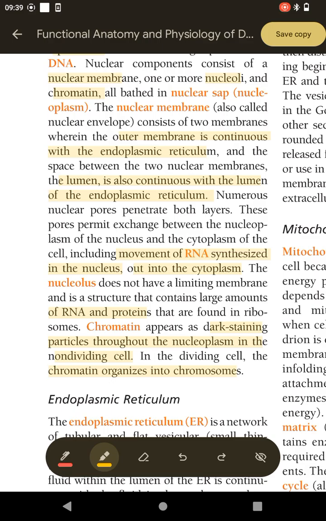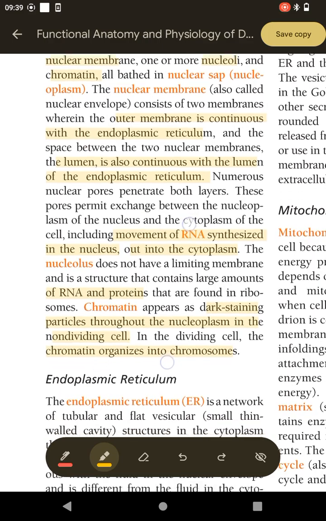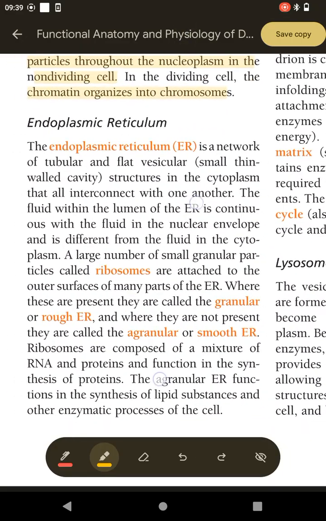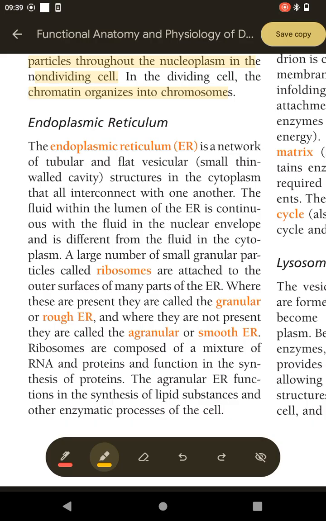The next is the endoplasmic reticulum. The endoplasmic reticulum is a network of tubular and flat vesicular small thin-walled cavity structures in the cytoplasm that all interconnect with one another.